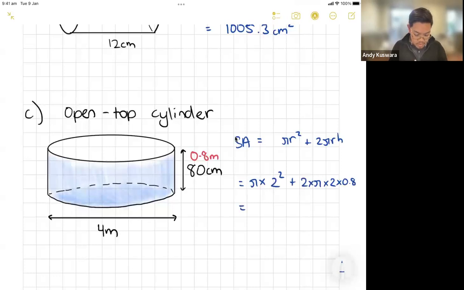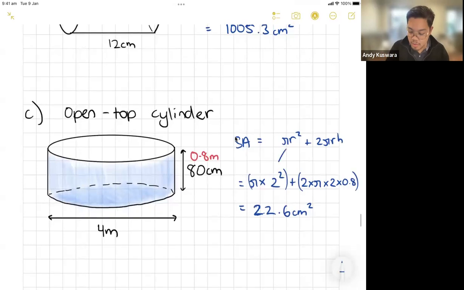From here, we can see the answer is 22.6 meters squared surface area. Hopefully that makes a little bit of sense. If you need to, put brackets around each part so you can see that each part is being represented, but your calculator should know how to add those two, given that it knows order of operations.